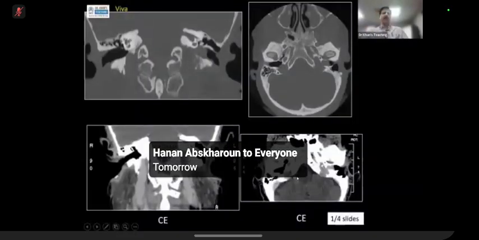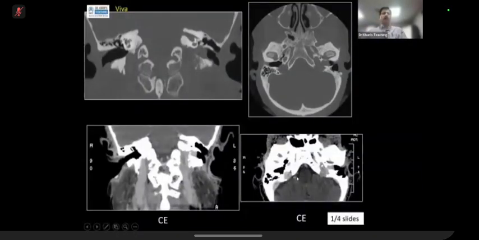Okay, this is your last case, and then we'll go to candidate 4. Now, candidate 3, let me talk you through this case. We've got bone windows. We have got some specification here into the middle ear cavity. We can see a bit of change around the jugular foramen.